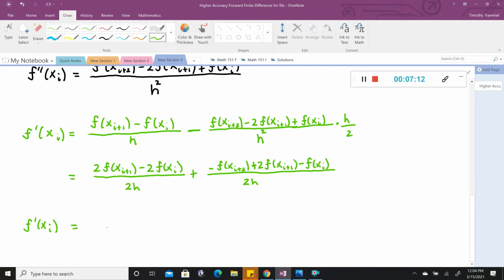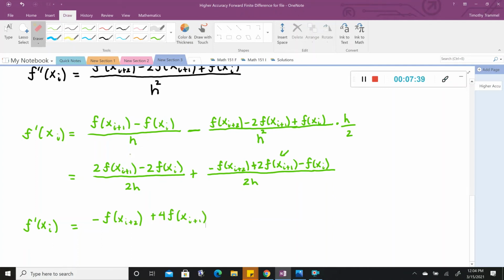We get f prime of x sub i is equal to, and let's start off with the x sub i plus 2 terms. I'm going to have a minus f of x sub i plus 2. Okay. Let's look at the x sub i plus 1 terms. If we were to combine those, that looks like that's going to be a 4 f of x sub i plus 1.